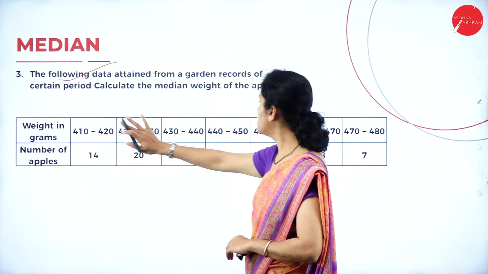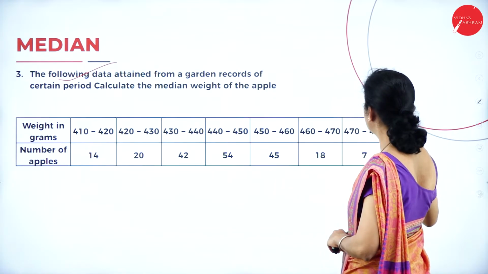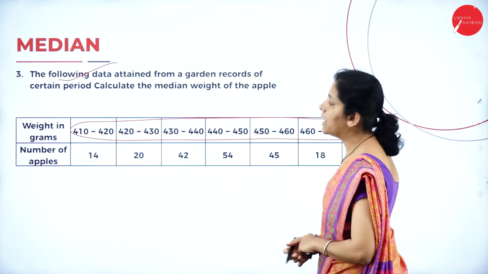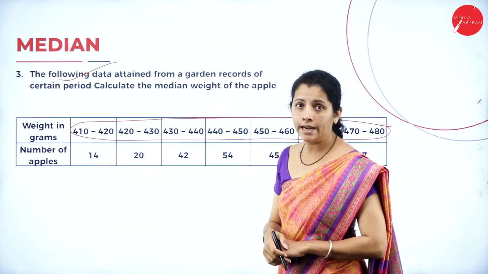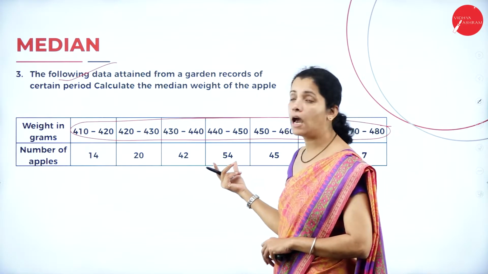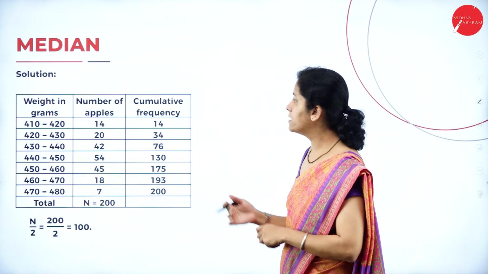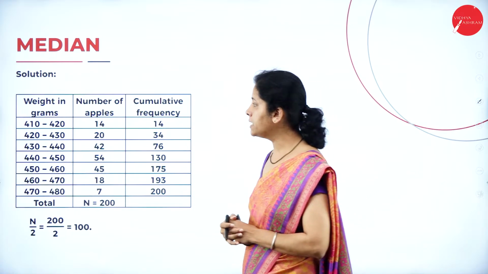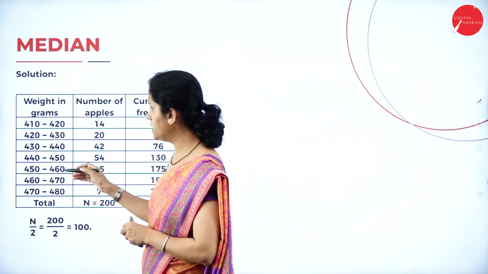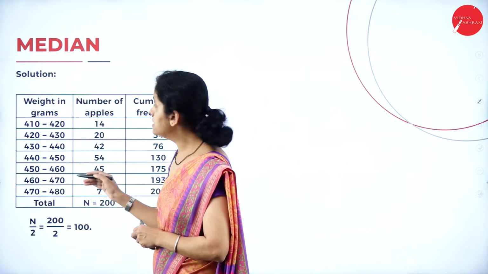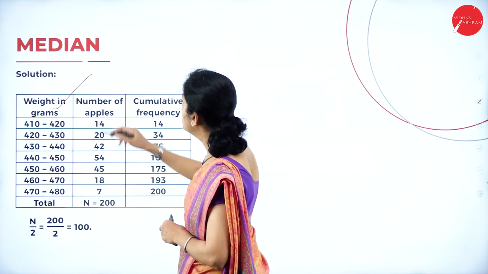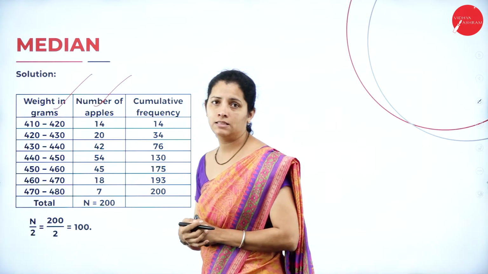Here, all the weights in grams are aligned, so all the data are arranged. Now what I want to do is construct the table by considering two fields, weight in grams and number of apples.